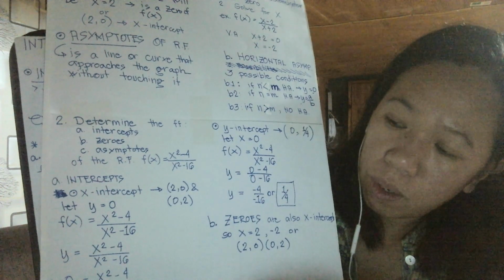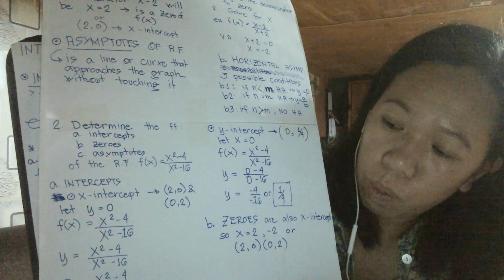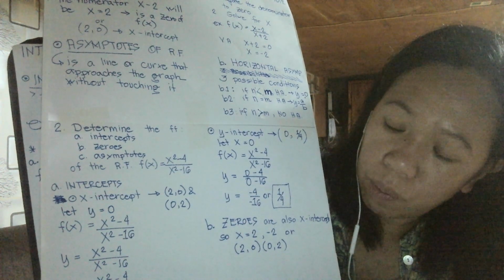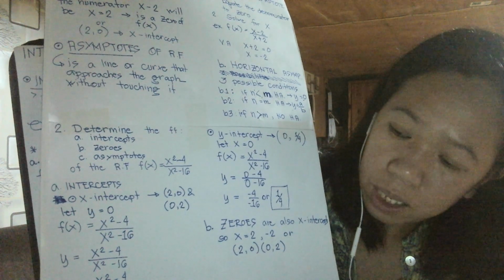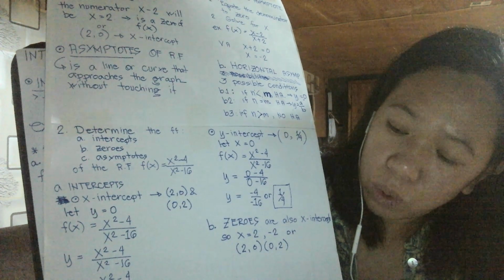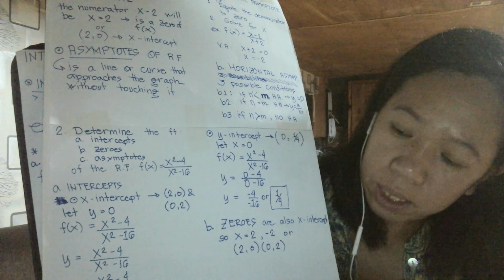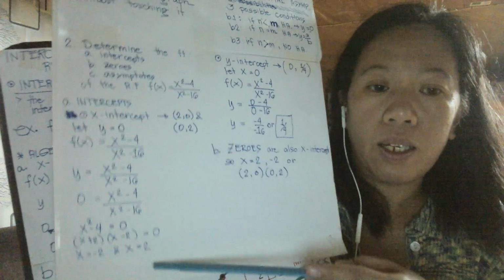Okay, so 0 for y here, then cross multiplying, we are left with the numerator x squared minus 4, equating that to 0. And solving for x, so x plus 2 times x minus 2 equals 0. So we have here two values of x, negative 2 and positive 2. Sorry.